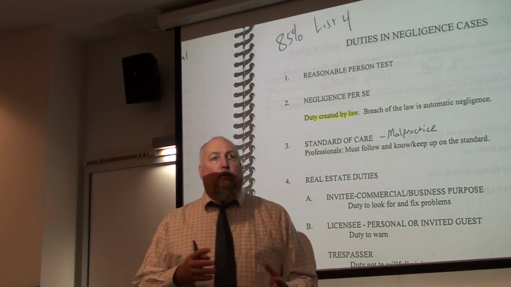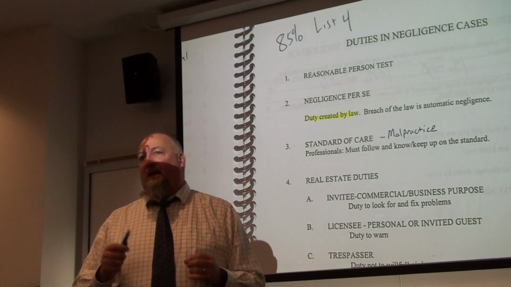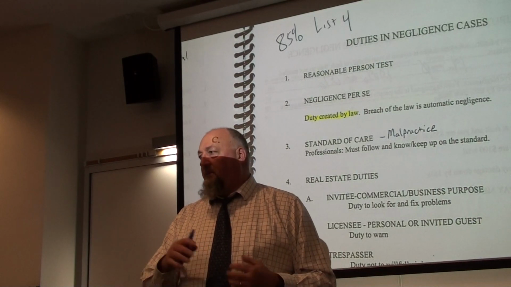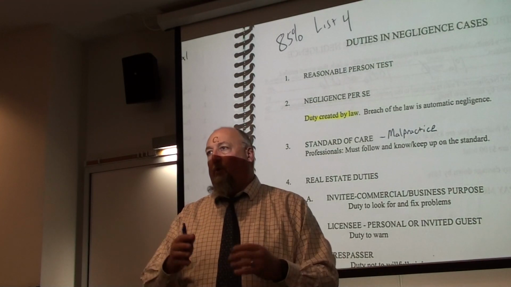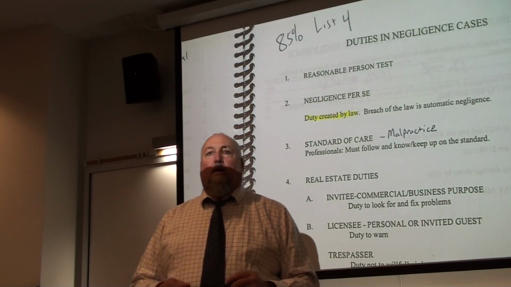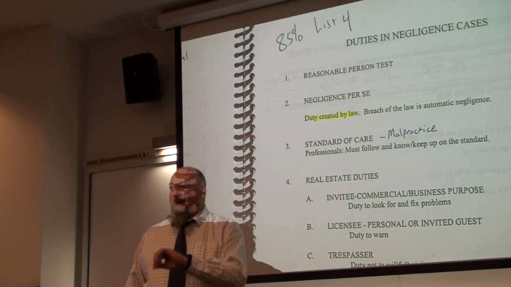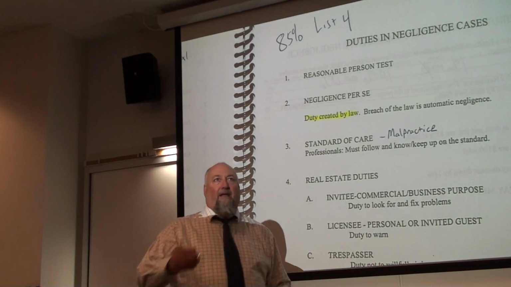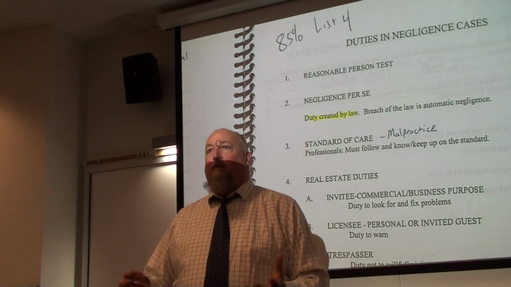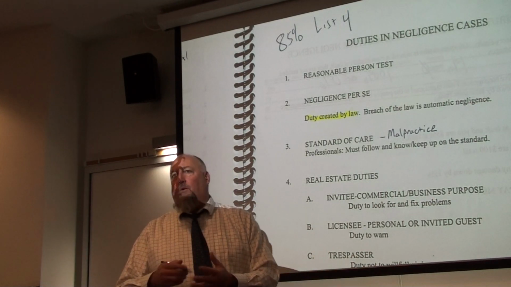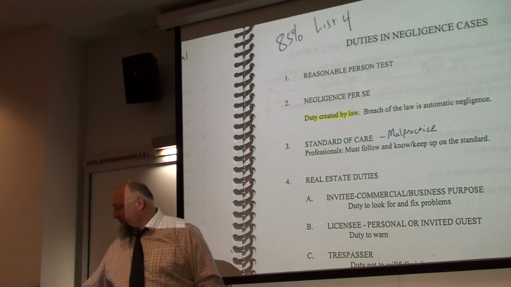By the way, on the fill in the blank questions, if you can't remember the exact term, write something kind of describing it, and if you're hitting the right points, I'll give you credit for that. So if you can't remember the exact word, say, okay, I can't remember invitee, but somebody's on there for a business reason. That's the same thing. So if you describe it well enough, you'll be fine.